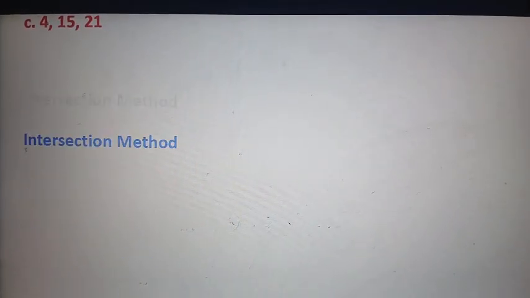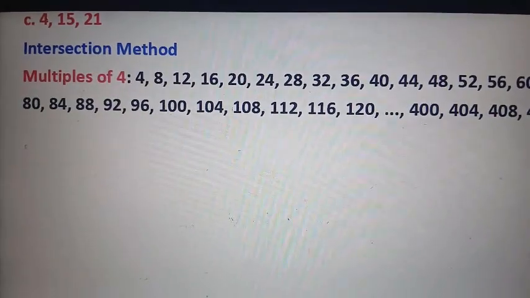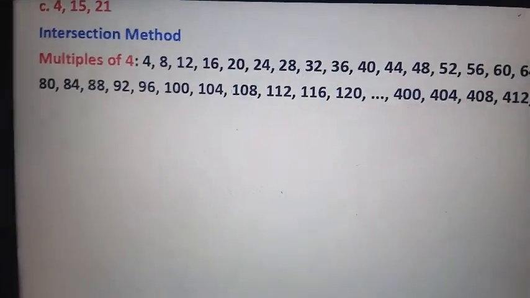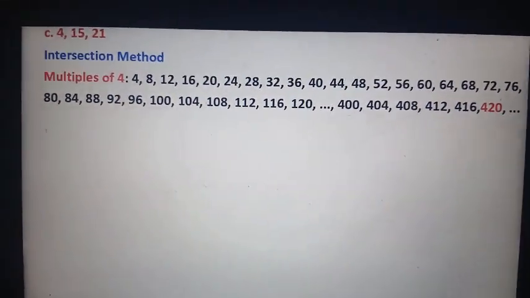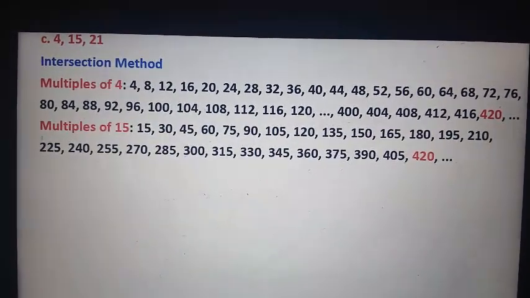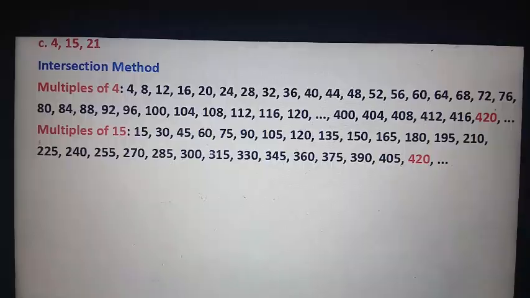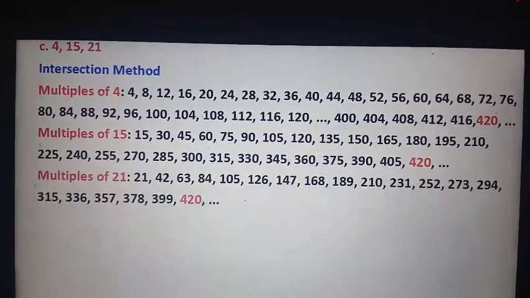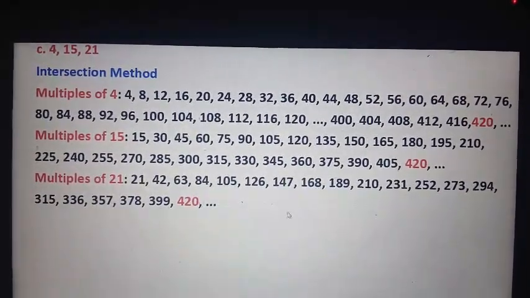Okay, next is 4, 15 and 21. Using the intersection method, just list the multiples of 4, the multiples of 15 and the multiples of 21.